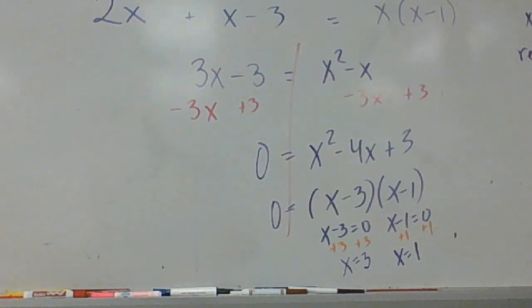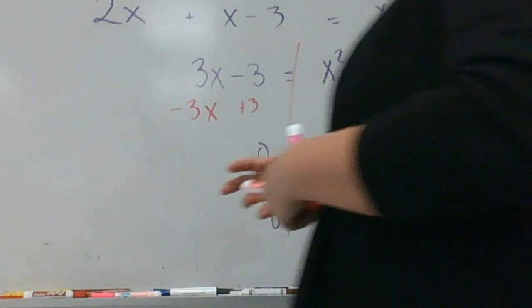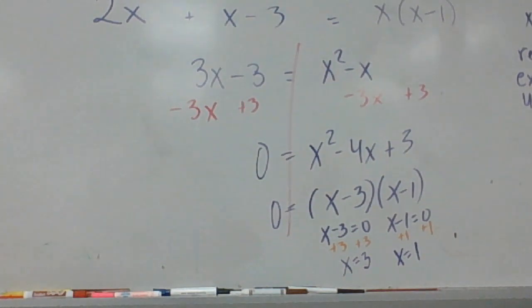We're not accepting it. It's called extraneous. It's a no-go. It's actually an undefined value. So I'm only going to box 1. The problem with 3 is when I look at the original equation, if I put a 3 in here, 3 minus 3 is 0.